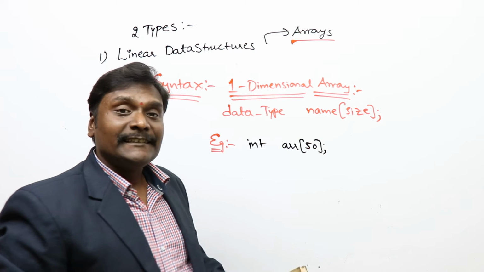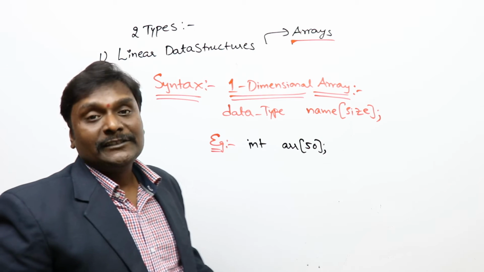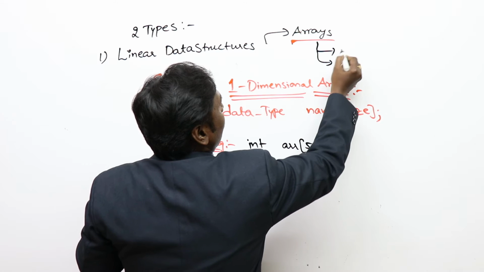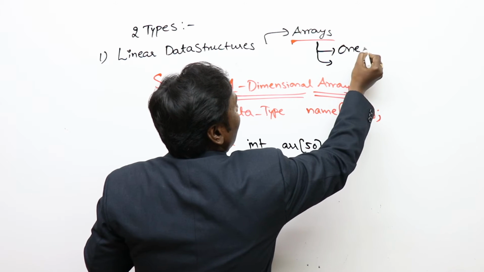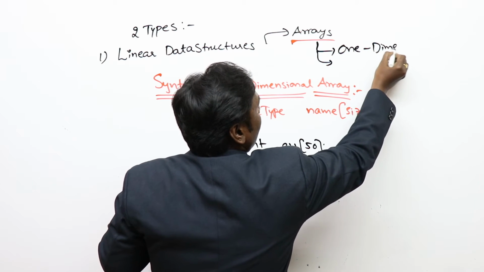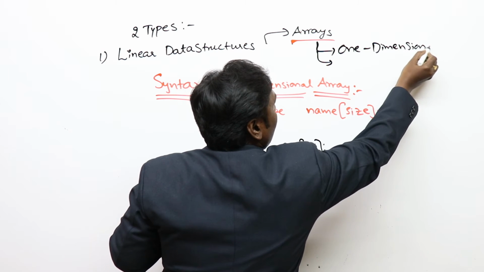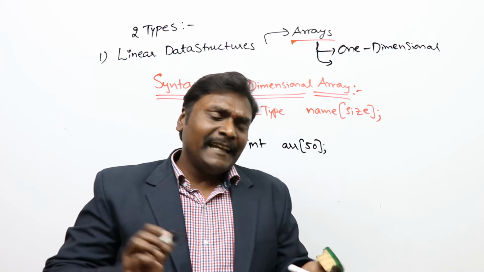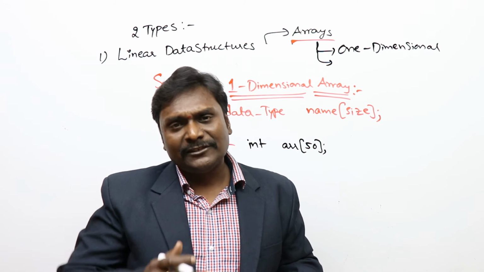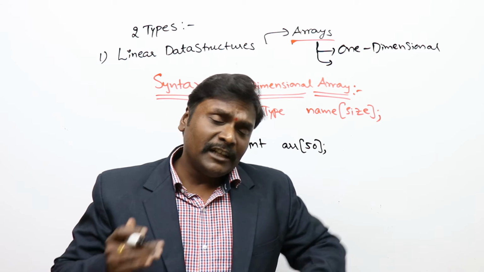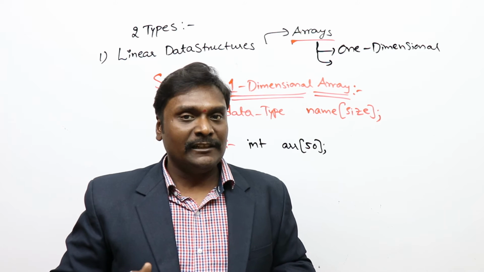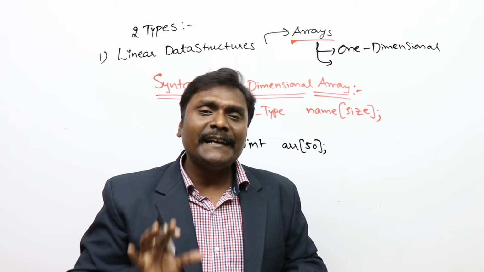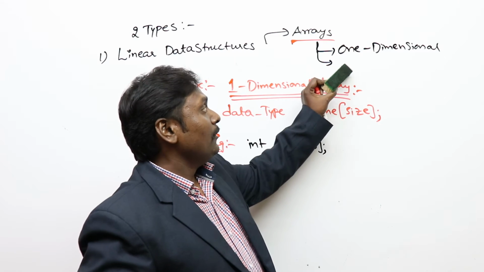And what about multidimensional? Generally arrays are of two types: the first one is one dimensional, and the next one is two dimensional, three dimensional, and so on. Instead of saying two dimensional or three dimensional, let me say multi-dimensional array, so that it is easy to specify.